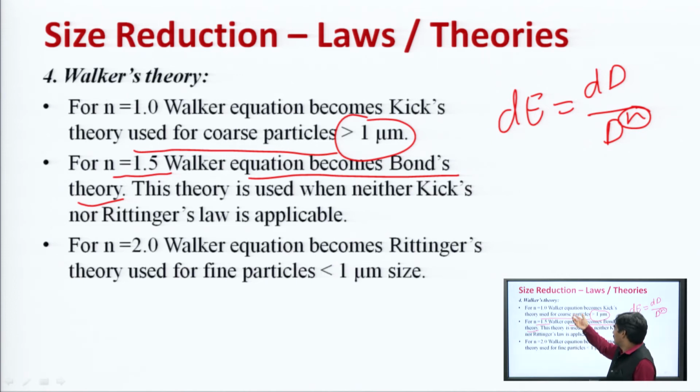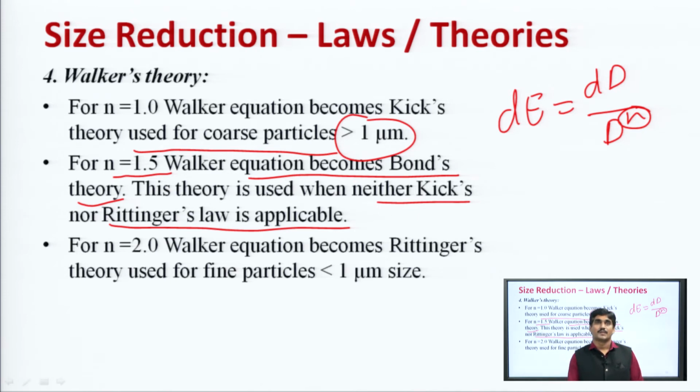This theory is used when neither Kick's nor Rittinger's law is applicable. In those cases, Bond's theory can be applied. If the value of n is equal to 1.5, then Walker's equation changes to Bond's theory.